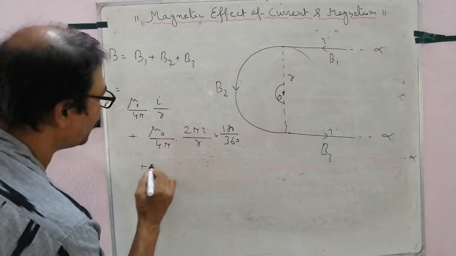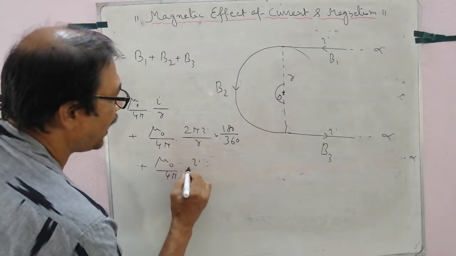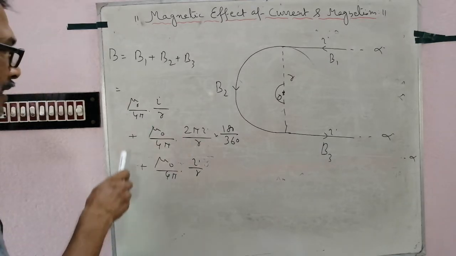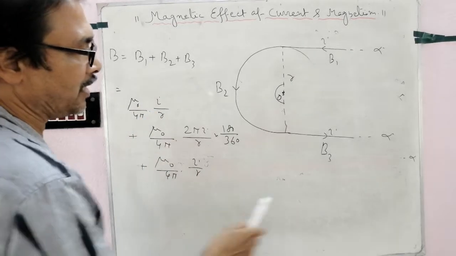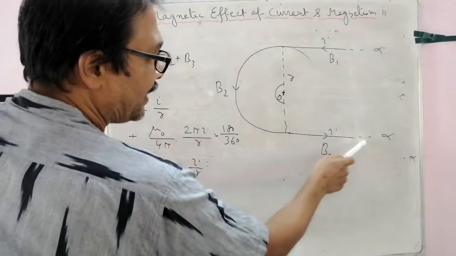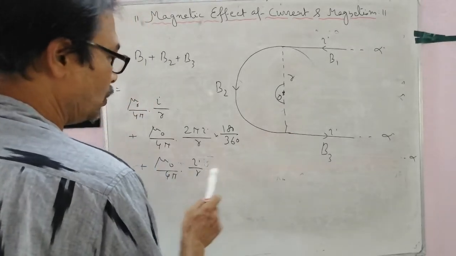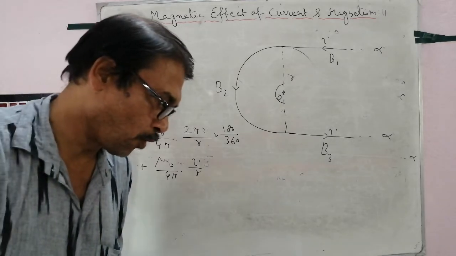And B3 of course mu naught by 4 pi into I by R. All three are in the same direction, upward, so the final result is the summation of B1, B2, B3. Follow, this wire is infinite on one side, but magnetic field at one end, so sine 90 degrees plus sine 0 degrees. This is another type of problem.